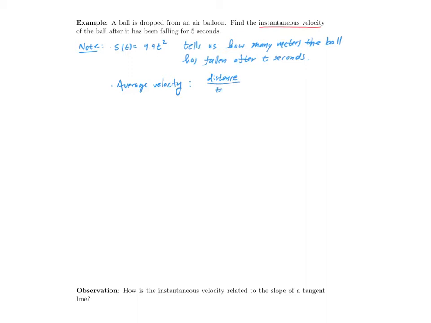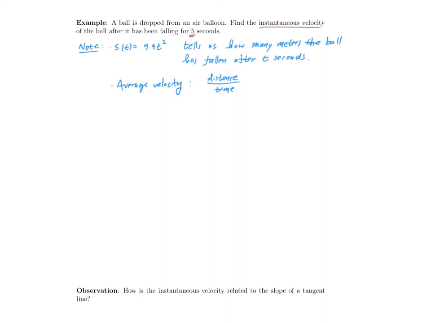And this is something we are all very familiar with. For example, if we were to travel 100 miles and it takes us 2 hours, we would all immediately say, oh, we averaged 50 miles per hour. Now in this case, what we are interested in is the instantaneous velocity at 5 seconds.